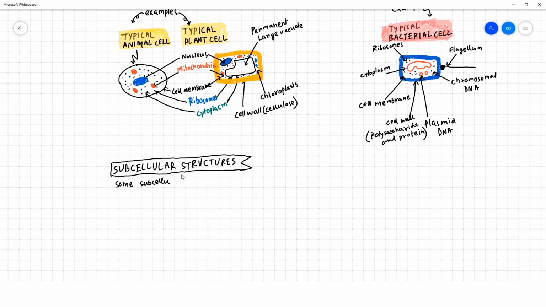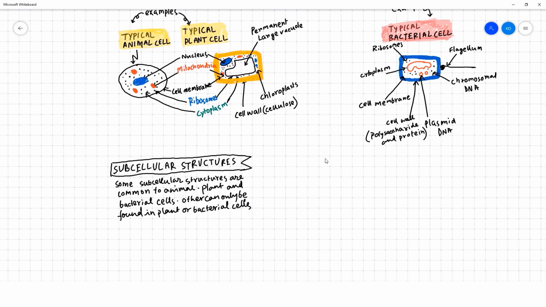Some cellular structures are common to animal and plant and bacterial cells. Now others can only be found in plant or bacterial cells.